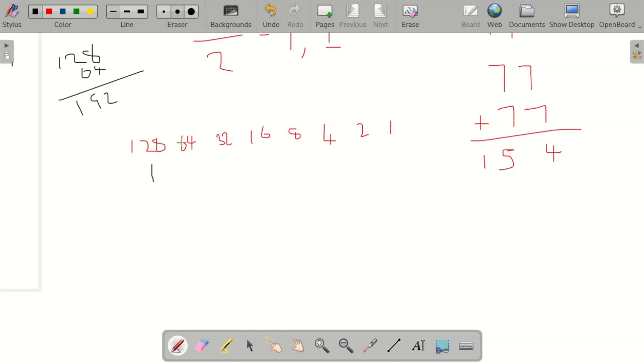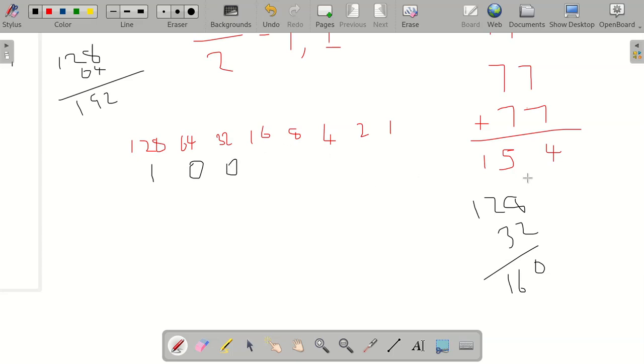So we skip 64, we come at 32. So what about 128 plus 32? What can be the answer? 8 plus 2, it's 0, carry 1, 5, 6, 1. So 160 stays beyond 154, we put a 0.